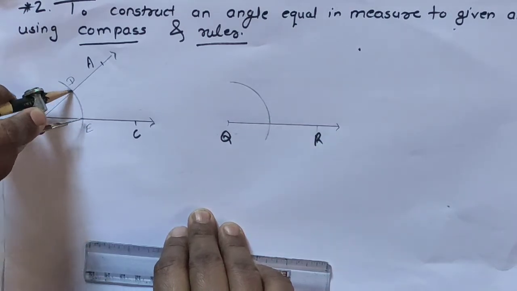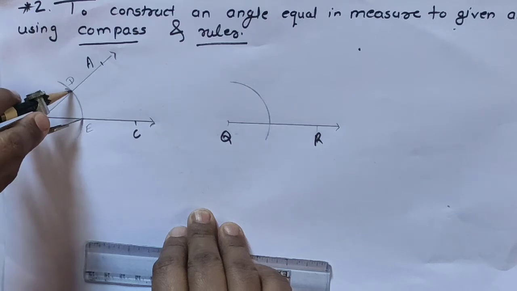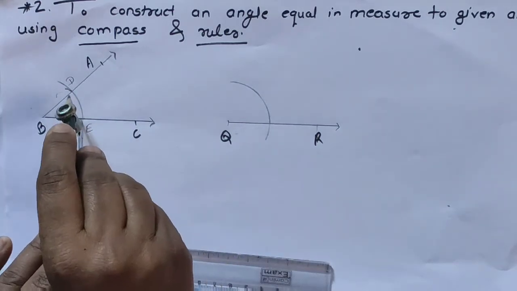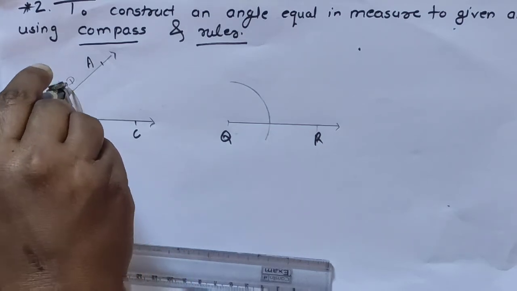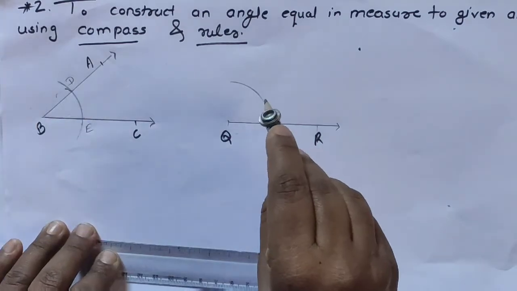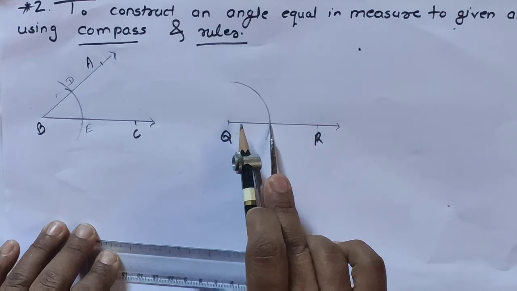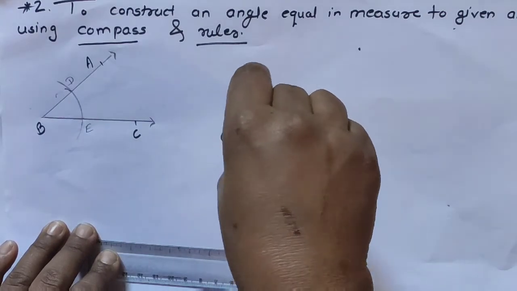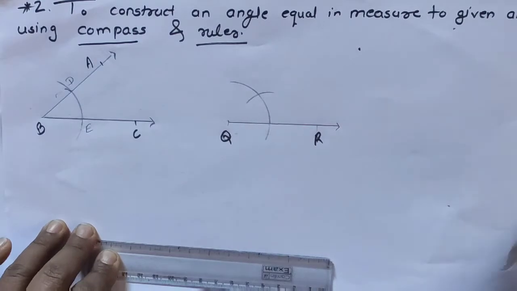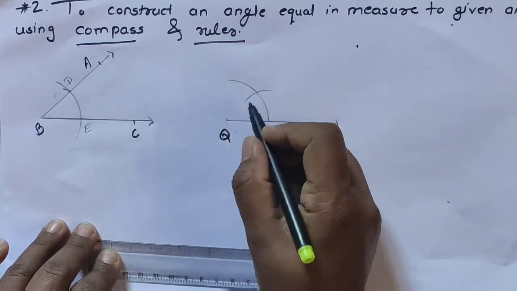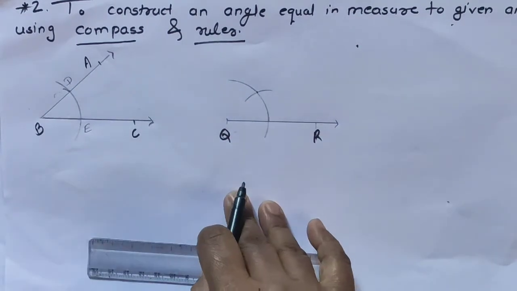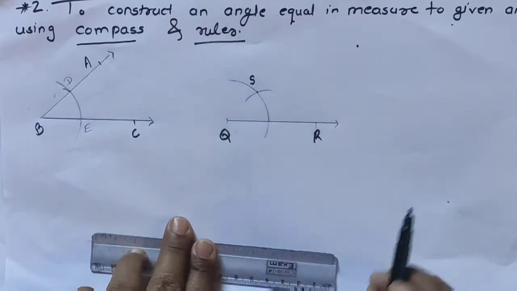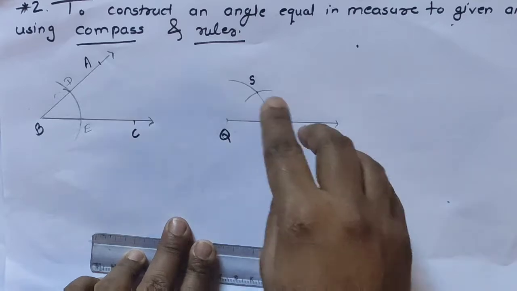After taking this distance, put the point on the intersection of the first arm and the arc, and draw an arc which intersects the first arc. Now I got a point here, and suppose that point is S.